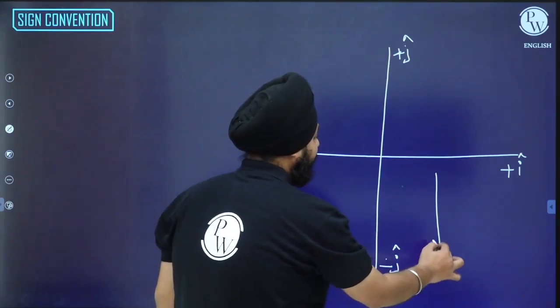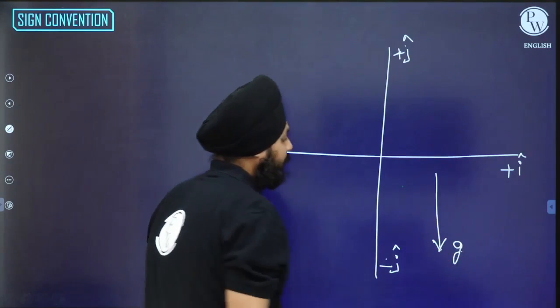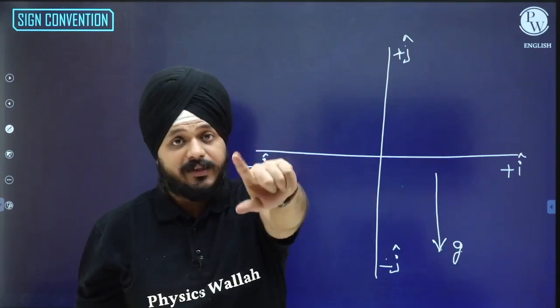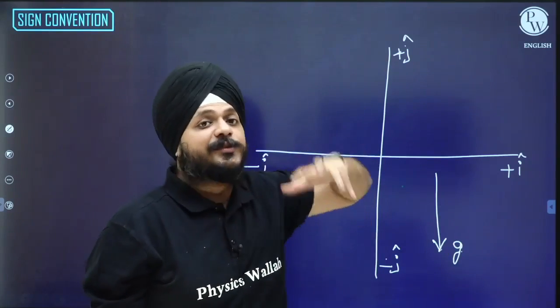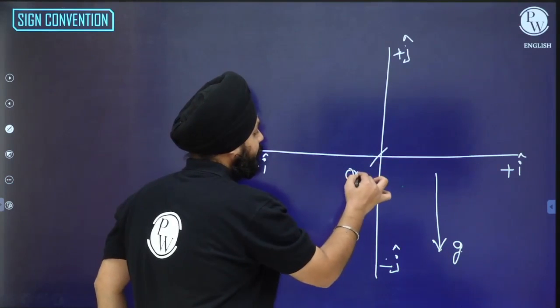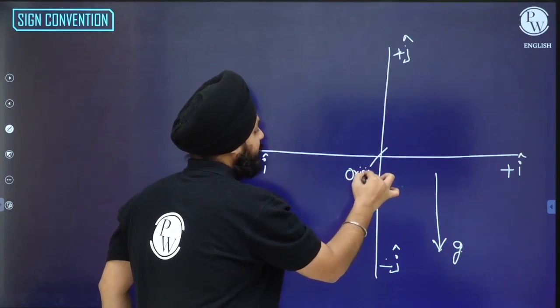Suppose you are already told that always take g in the downward direction as positive. Now it completely depends on you, but in this session especially, we are going to use this convention. This is an origin. I will consider this as a reference point.